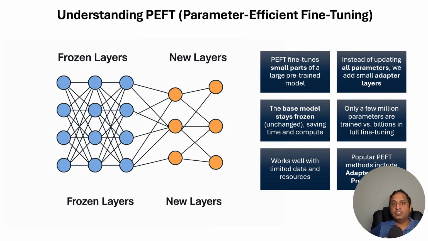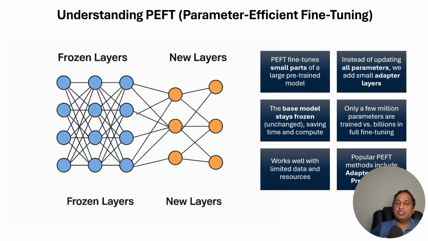To get into some technical details of PEFT, we actually have an existing model. As a first step, we freeze the existing model's layers, so we are not going to touch them. Instead, we add new layers and train these small adapter layers, which might be just 1% of total parameters. That means it is faster, cheaper, and way more resource efficient.